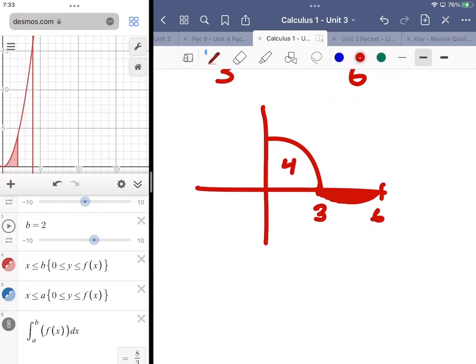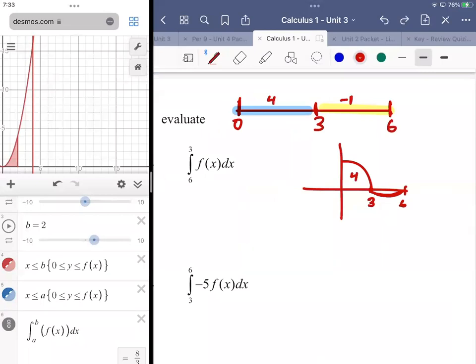It's just that its location puts it below the x-axis. So really, I would have a total of 5 units of area, because I would think of this as a positive number, right?